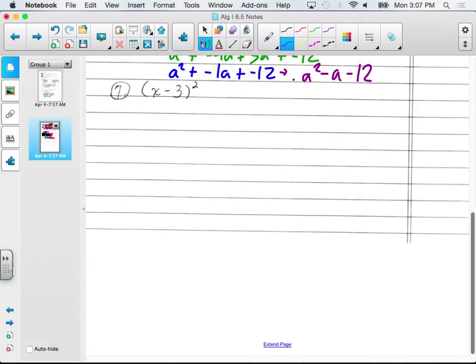So if we're taking x minus 3 times itself 2 times, how should we rewrite it? x minus 3 in parentheses times x minus 3, because this is the whole polynomial, x minus 3. So you have to take the whole polynomial times itself when we square it.